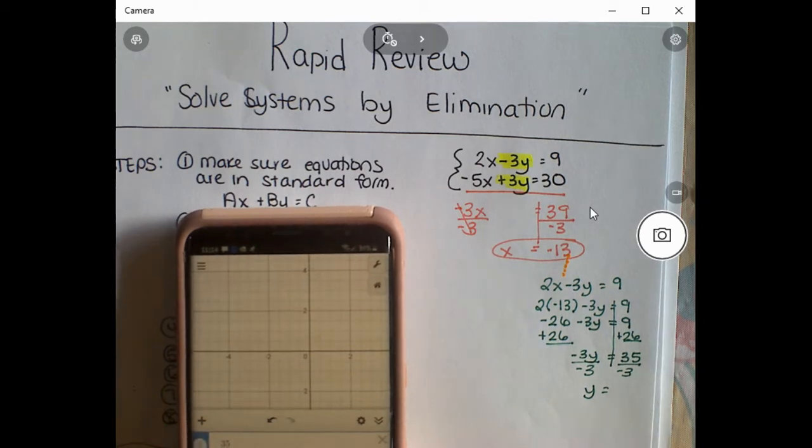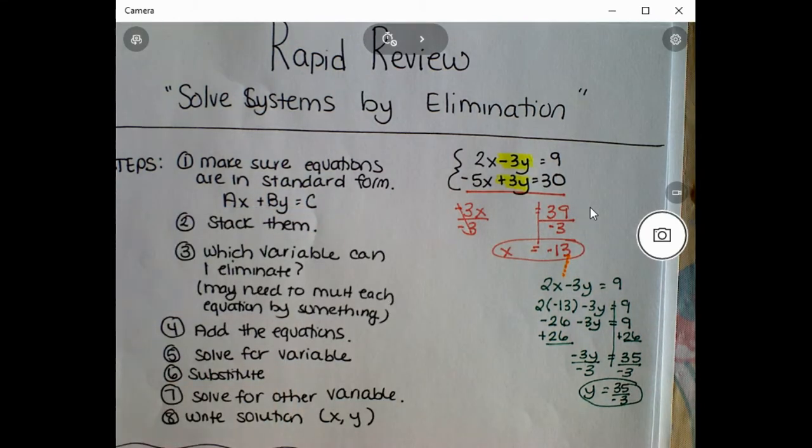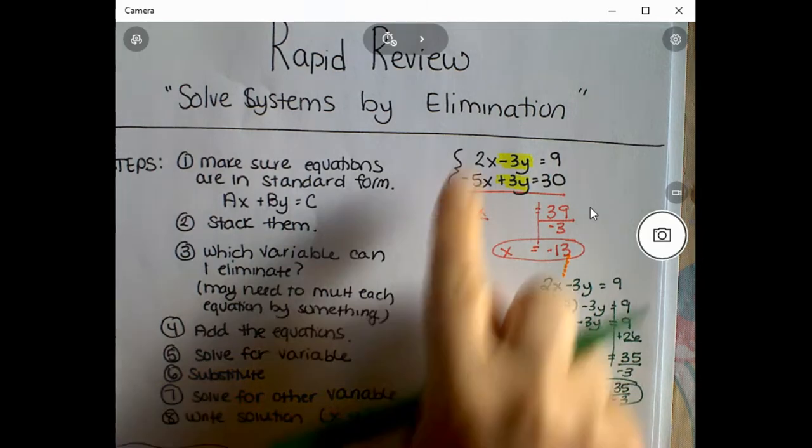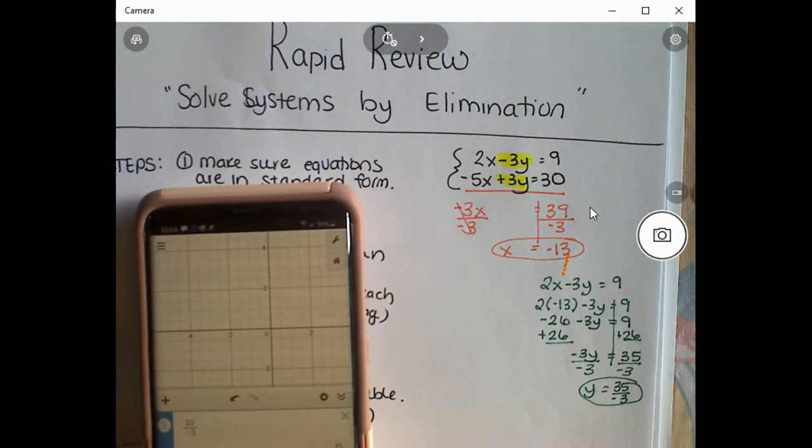That's the simplest form, it says. All right, so y equals 35 divided by -3. Hopefully I didn't mess something up here. -3x equals 39. See, I can second-guess myself the same way you would. Let's check up here, just to make sure. 39 divided by -3. Yeah, it's okay.